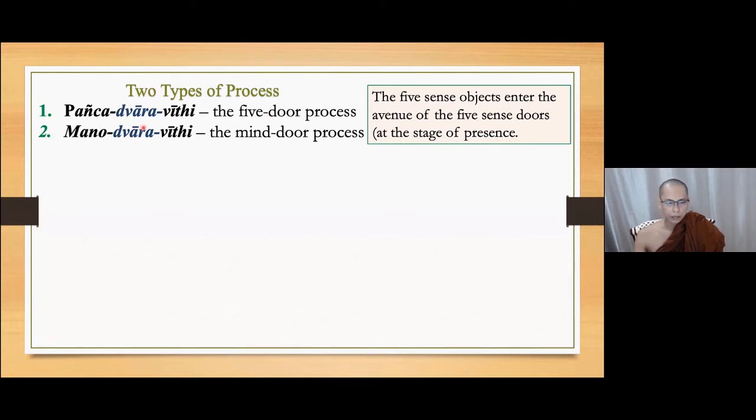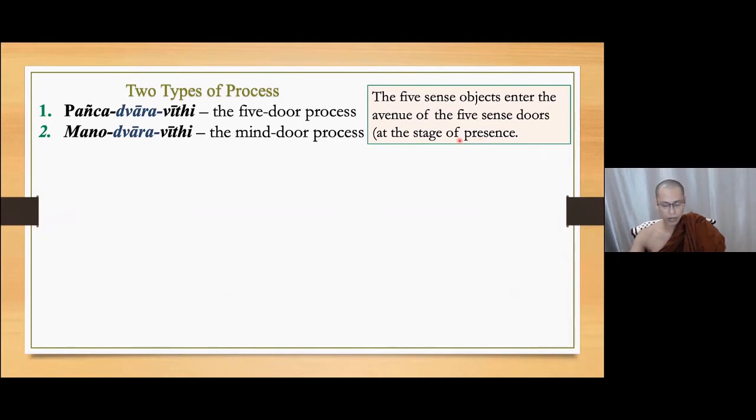So when the object of the five-door process comes to appear, entering the venue of the five sense doors, it can appear in its stage of presence. It means they cannot enter the venue of the five sense doors as soon as they arise, in the arising moment, Uppada. They can enter only at the stage of presence.